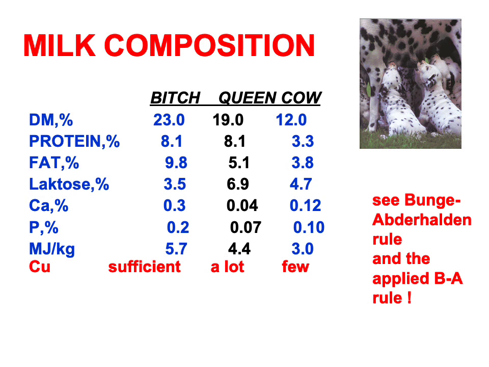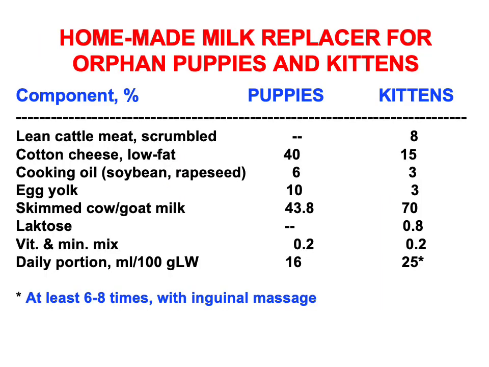And based on the applied Bunge-Abderhalden rule, we can put together a homemade milk replacer for orphan puppies and kittens. So this is the homemade replacer. Left column are the puppies, and the right column are the kittens. The components.